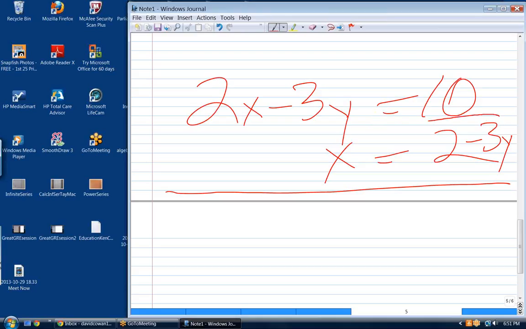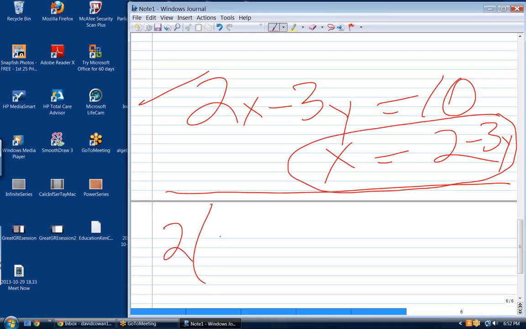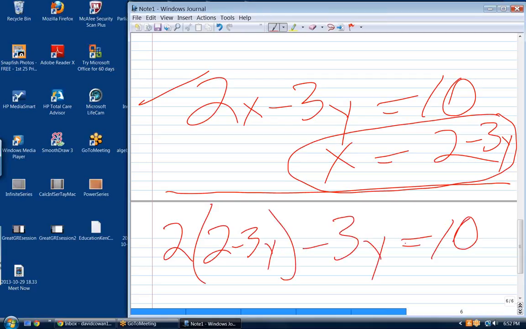In other words, wherever I found x in the first equation, I'm going to substitute 2 minus 3y. So I would do 2 times 2 minus 3y minus 3y equals 10. Now I have one variable, one equation. I can solve for y. Once I've solved for y, I'll know what x is.